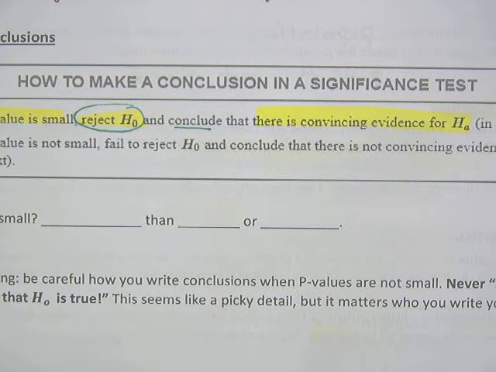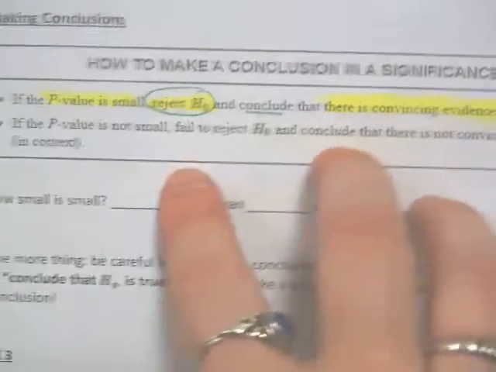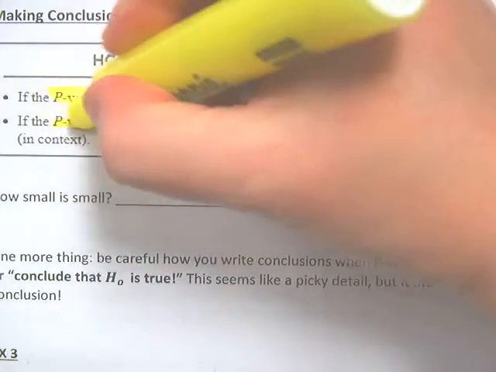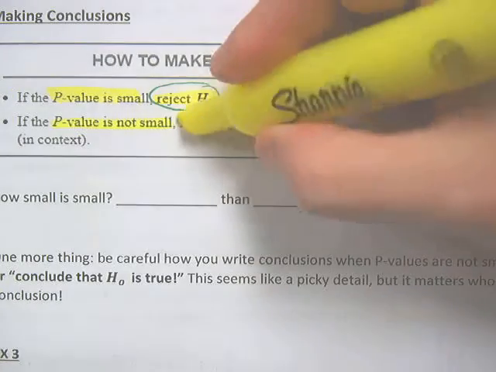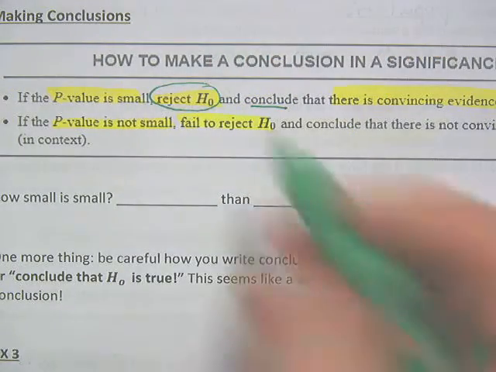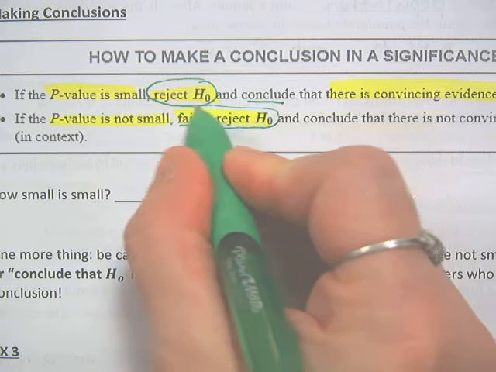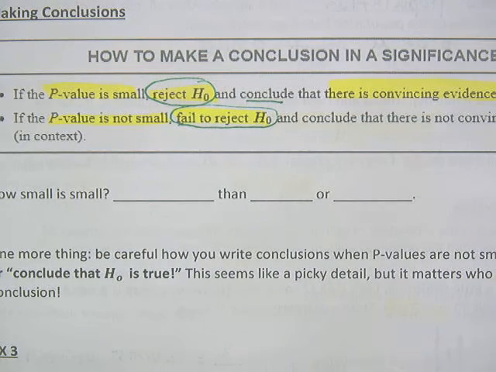Now that makes sense because if you reject the null, that means that you found convincing evidence for the other one. If the p-value is not small, here's what you must say. It's really strange. You must state it as we fail to reject H0.